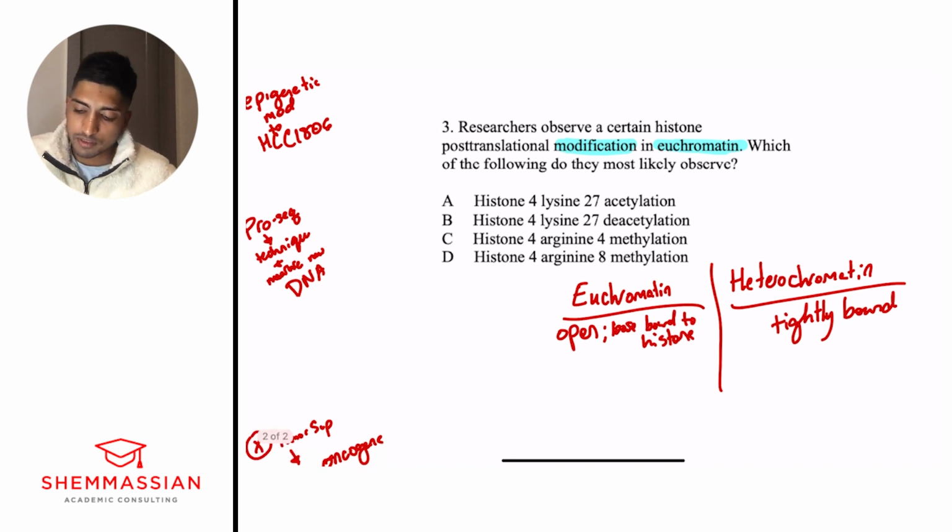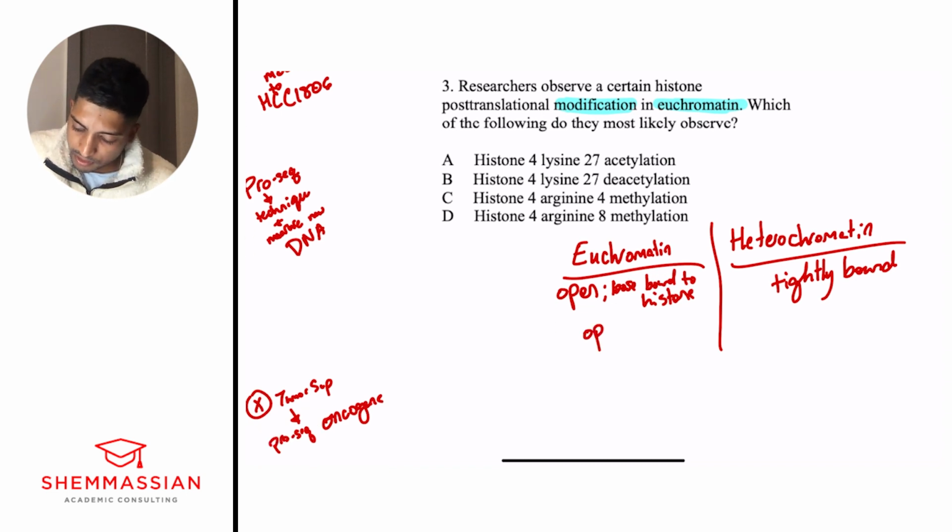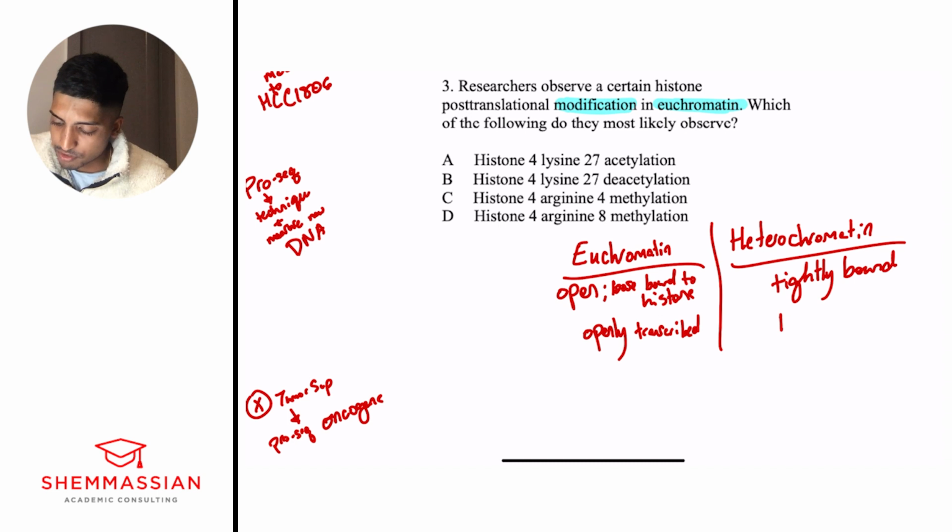And so this is more openly transcribed, and this is less transcribed, because if it's tightly bound, it's going to be harder to access, right? So these are the most important parts of this.